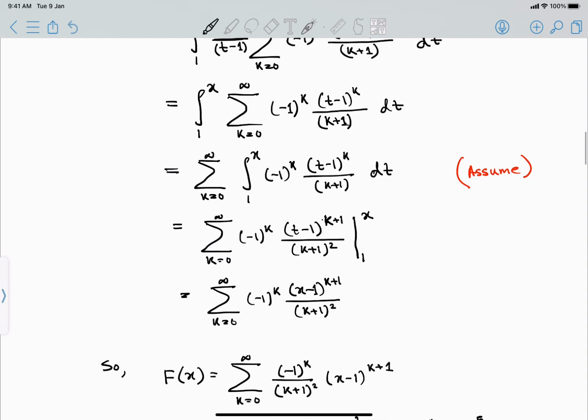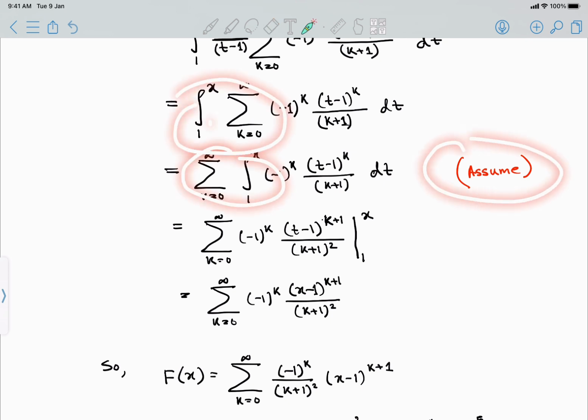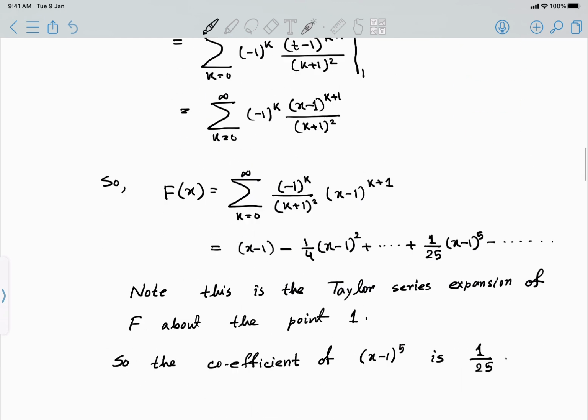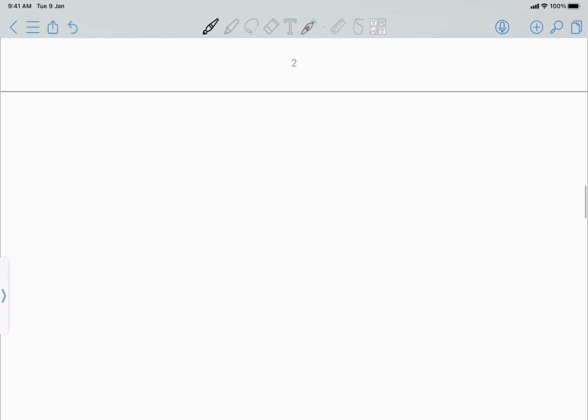Now we have to prove why you can interchange this summation and integral. You have to justify why we can interchange the summation and integral.